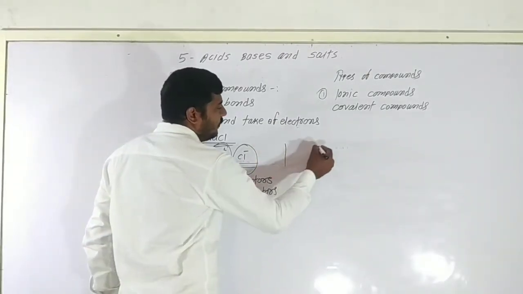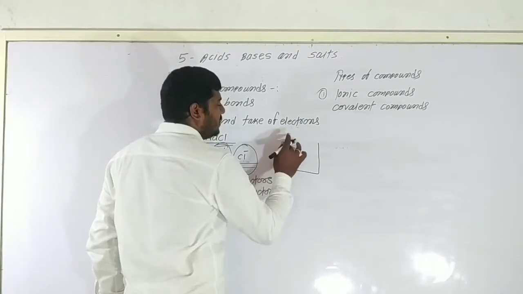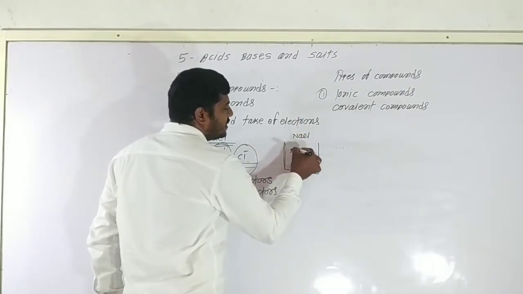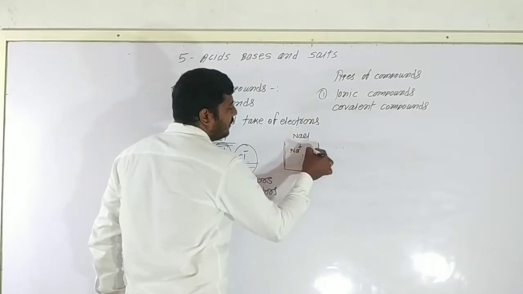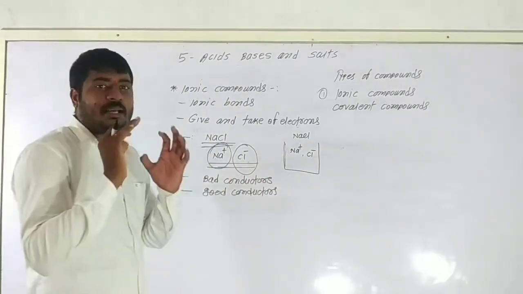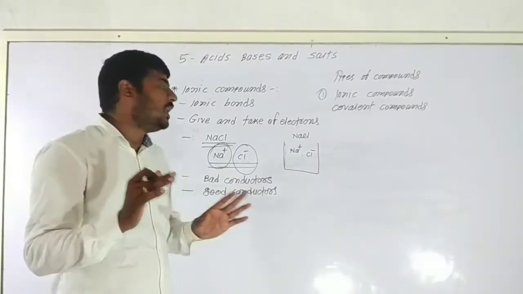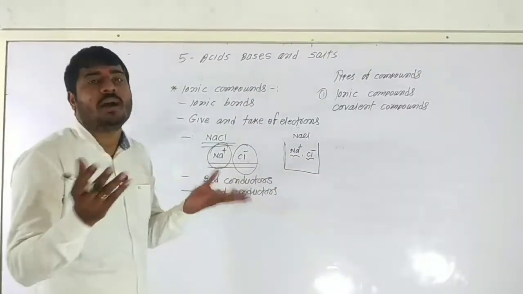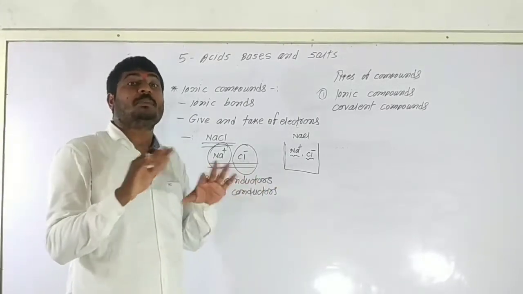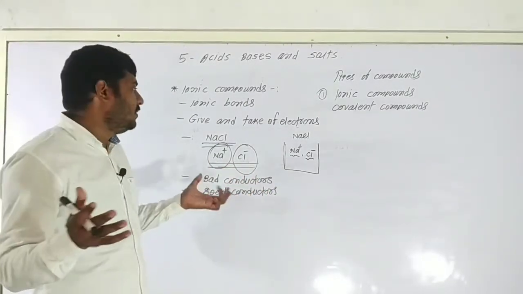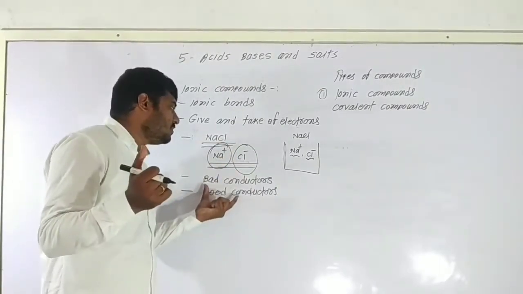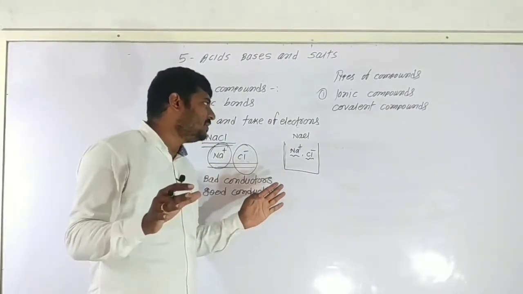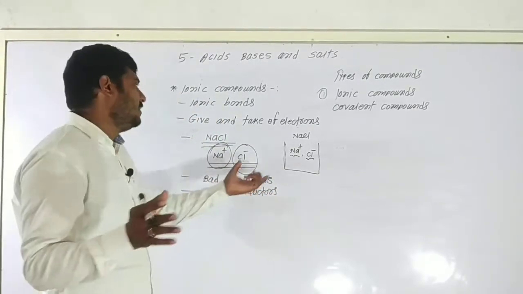When we dissolve sodium chloride in water, the Na+ and Cl- ions, that is the cation and anion, both get separated, and that process is called dissociation of ions. Dissociation means separation of ions. After dissolving in water, the ions of ionic compounds get separated.